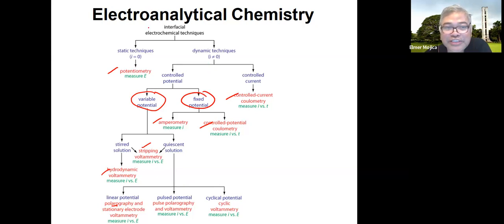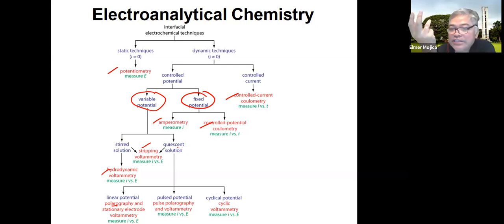What is usually used in polarography? Okay, the hanging drop mercury electrode. Because of environmental concerns, they try to eliminate them. So these are the different ones. This is the stirred solution, the one that you stir. And this is the quiescent solution.